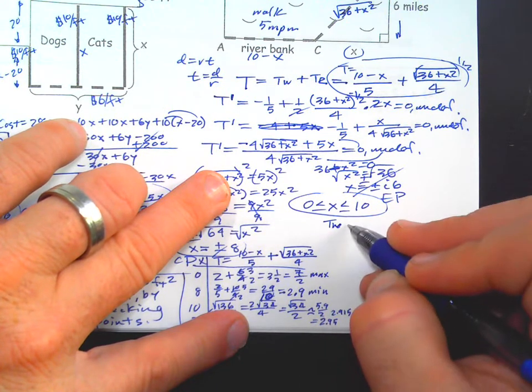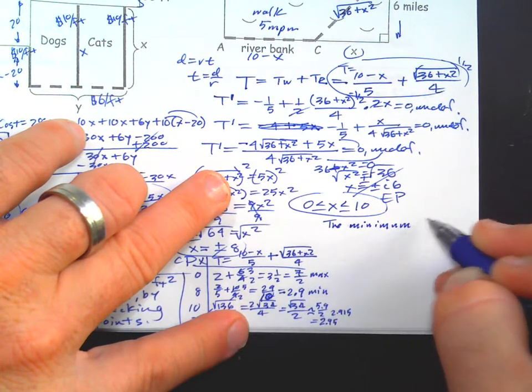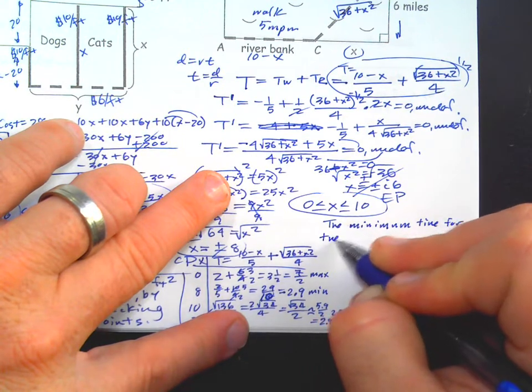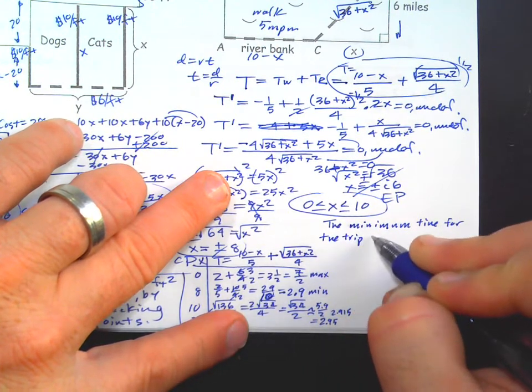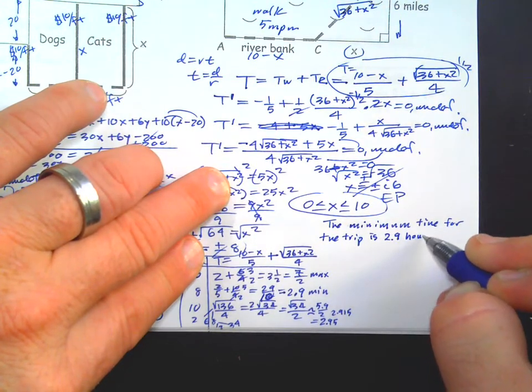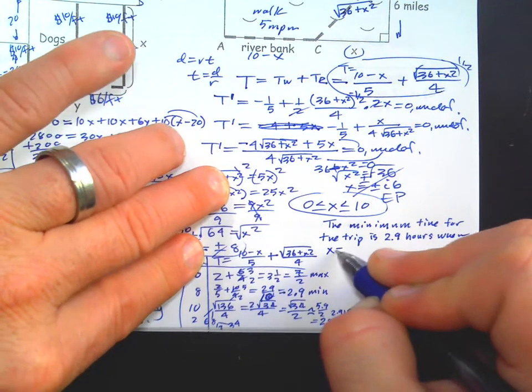The minimum time for the trip is 2.9 hours when x equals 8 miles.